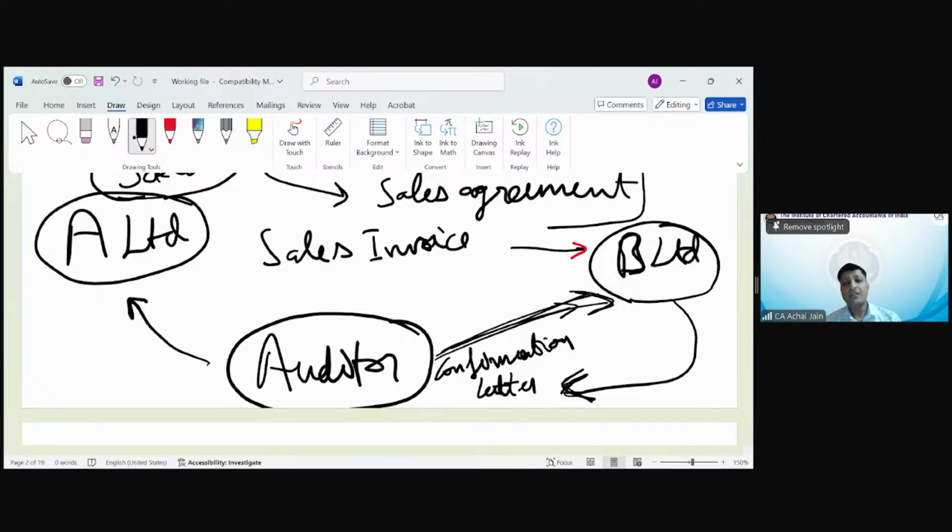Even then, at the end, it may happen that despite the reminders from the auditor and follow-ups from the management, there are still some parties which have not responded. What do you do in that case?